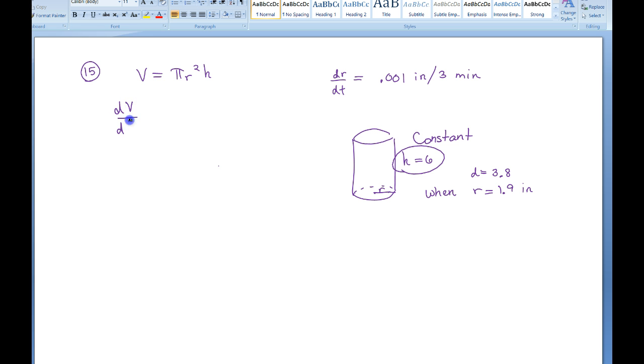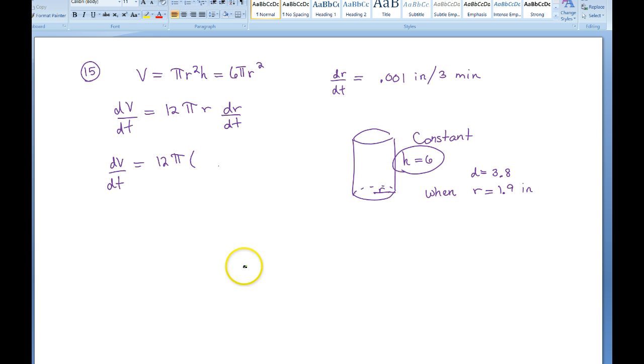Maybe show us an easier way to do this. Does it stay this hard? It's really easy. I'm going to rewrite it: since the height is 6, V is 6 pi r squared. So when I take the derivative, it's 12 pi r dr/dt. Then we can plug in.